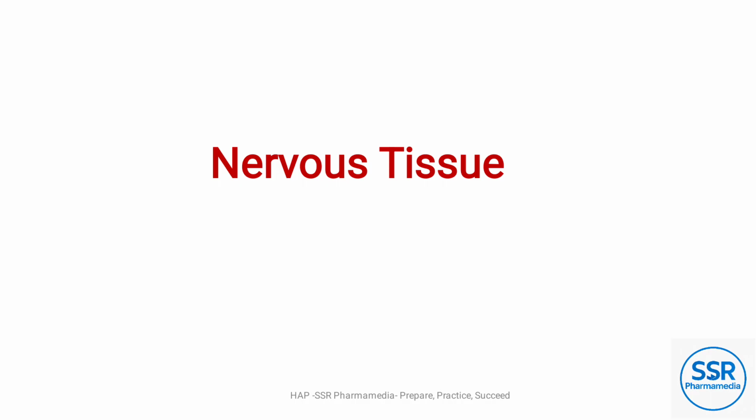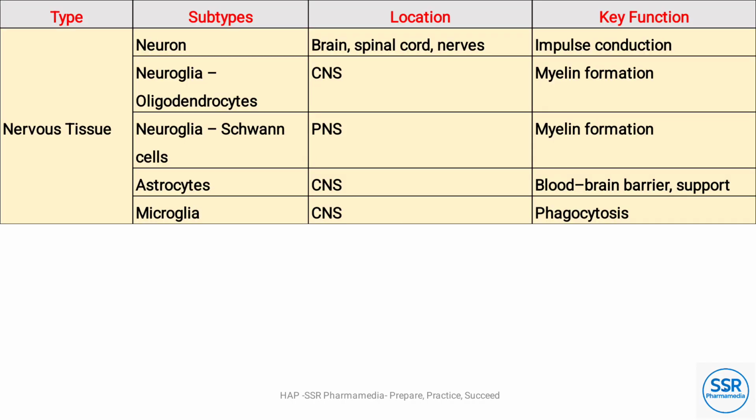So next tissue is nervous tissue. Let's see the types of nervous tissue: neurons and neuroglia, including oligodendrocytes, Schwann cells, astrocytes and microglia. Neurons are present in the brain, spinal cord and nerves. Their main function is impulse conduction.